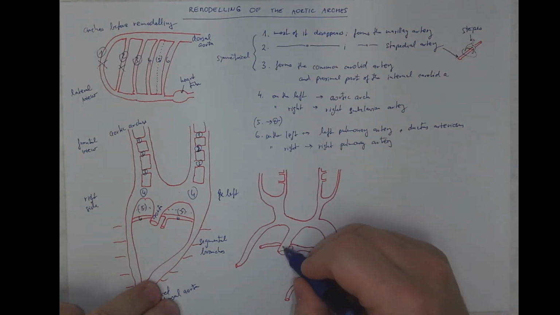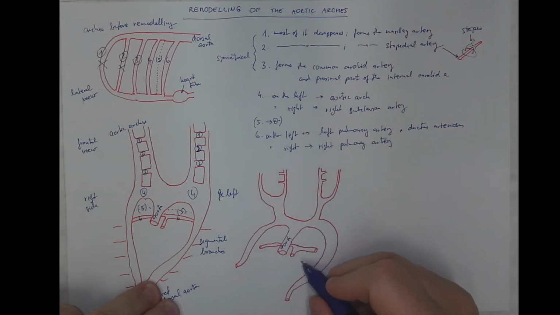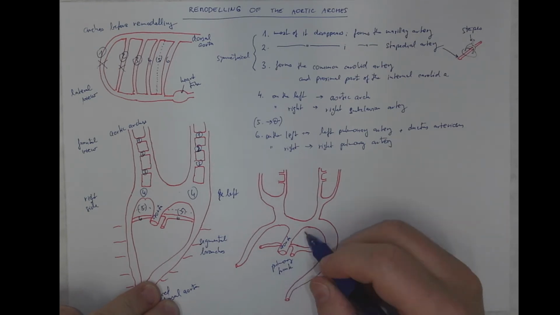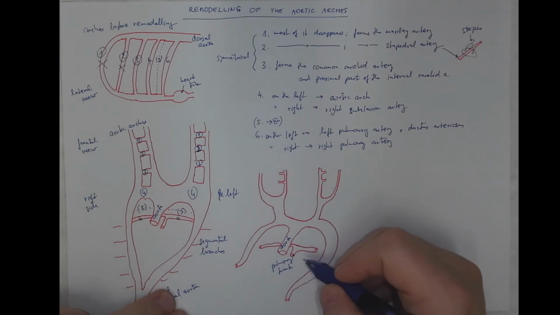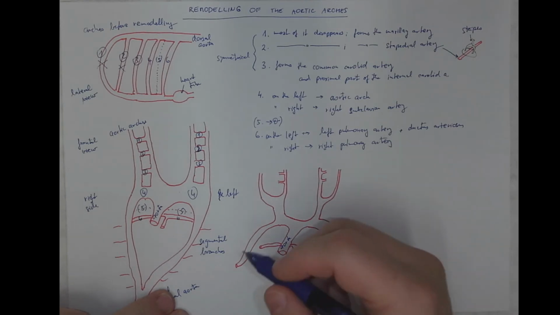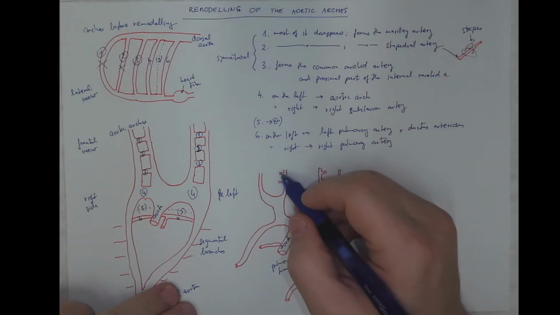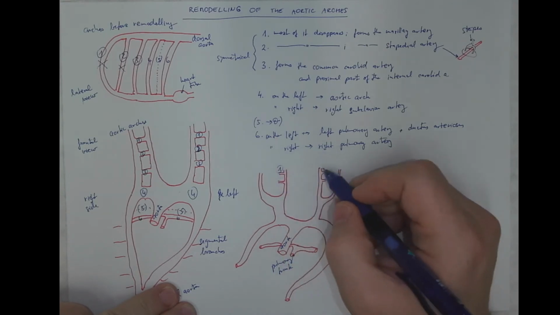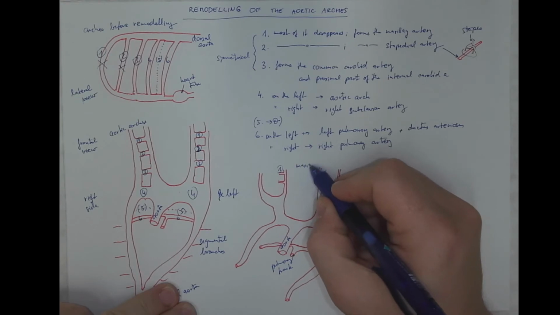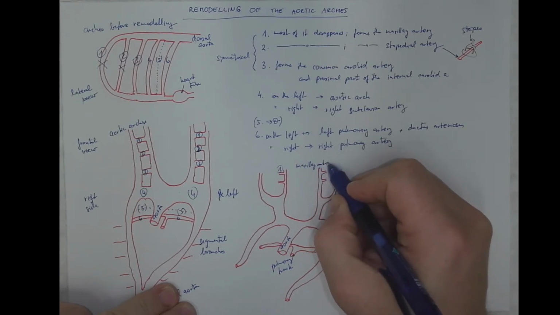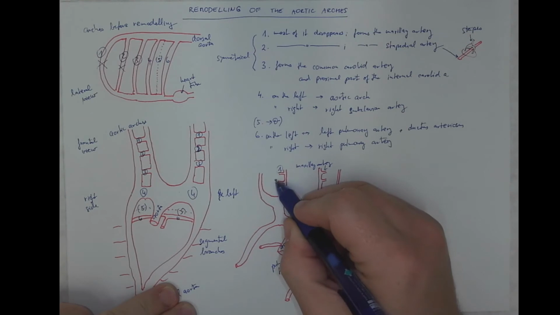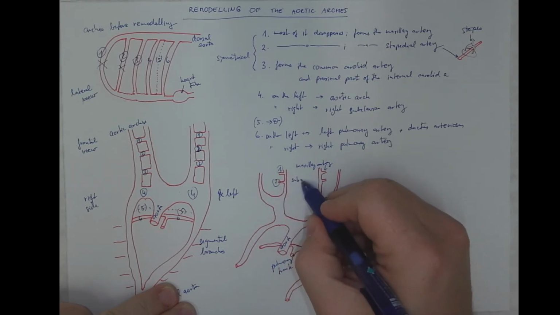So this is the aorta, this is the pulmonary trunk. The first arch persists as the maxillary artery. The second as the stapedial.